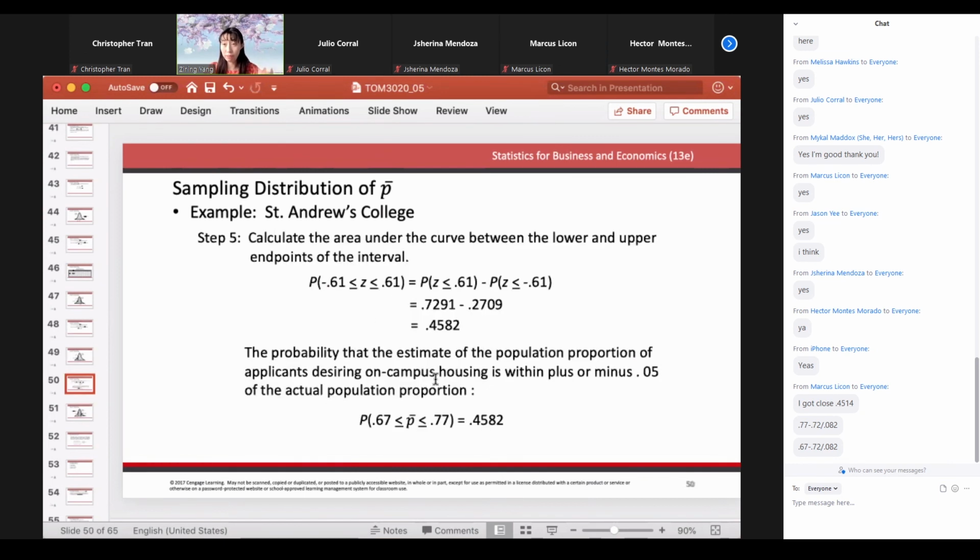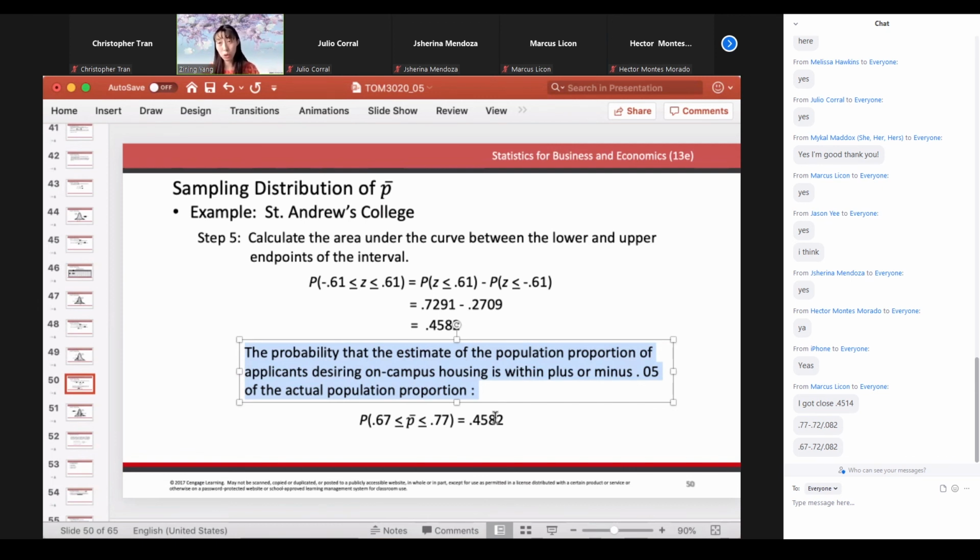So then, again, the key is to interpret this number. Okay, the final number is 0.4582. What does that mean? It's a probability. So the probability that the estimate of population proportion, which really means the sample proportion, falls within the range of 0.67 to 0.77 is 0.4582.